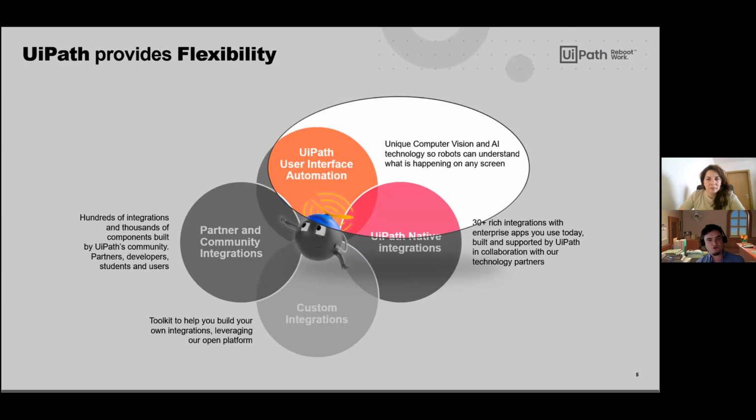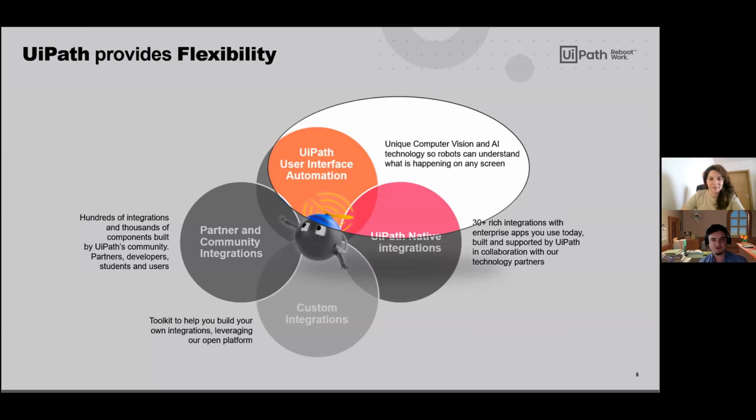And therefore, we have all kinds of techniques which help our robots to understand what is actually built for humans. You know, our user interface is actually built for humans, and it's not always so easy to enable robots to deal with that.